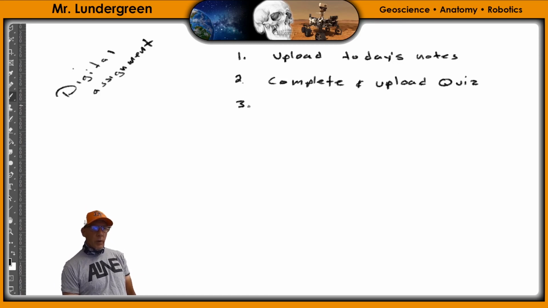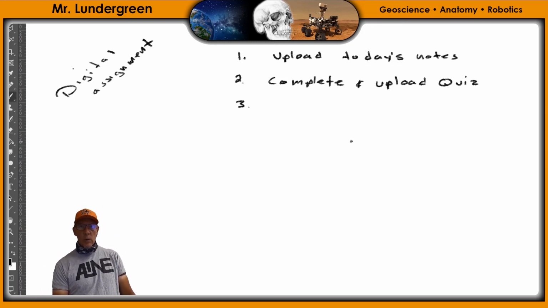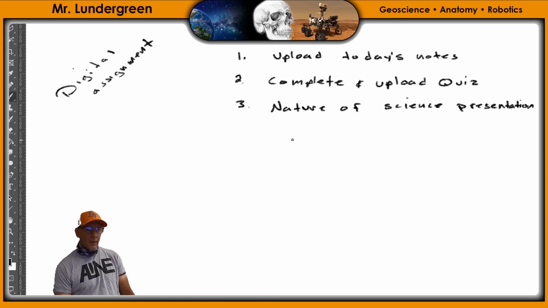Okay, the third thing you're going to do, you are going to start on your unit digital notebook, and you can do that in Google Slides. So open up Google Slides, and you're going to title the first slide or the whole project, call it the nature of science. I'll say nature of science presentation. Now, slide 1, that's all you're going to work on.